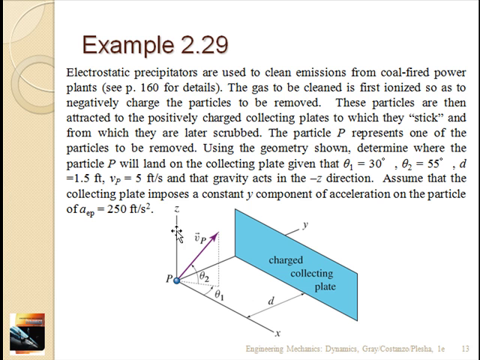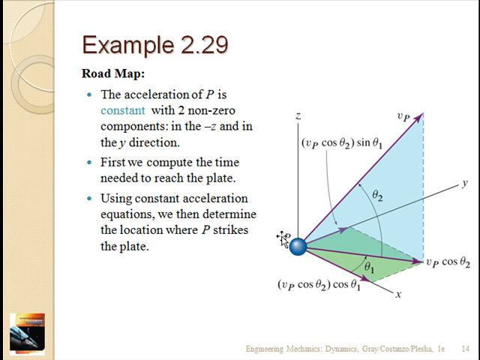Okay. There's also gravity on this particle. So there's gravity downward at 32 feet per second squared, and then there's an acceleration much larger, 250 feet per second squared in the y direction. We want to know the motion of the particle, all the mechanics of the motion.